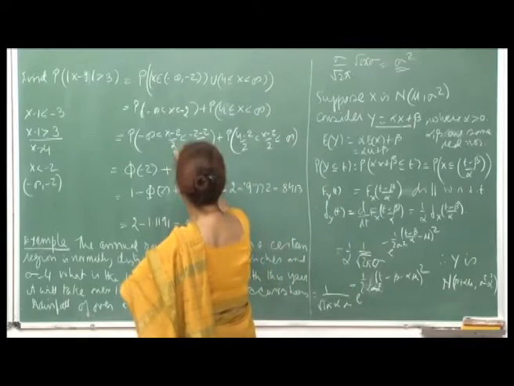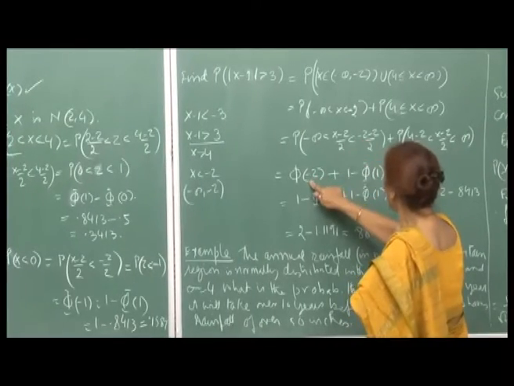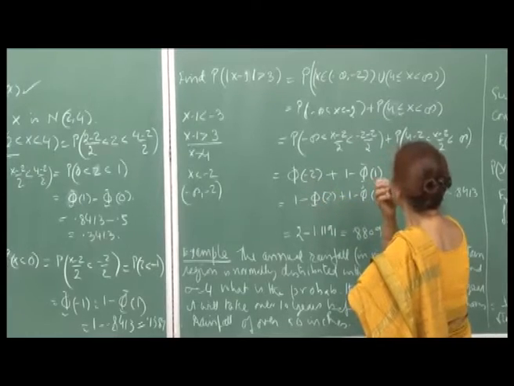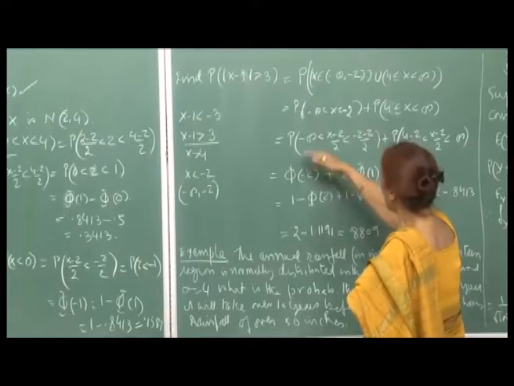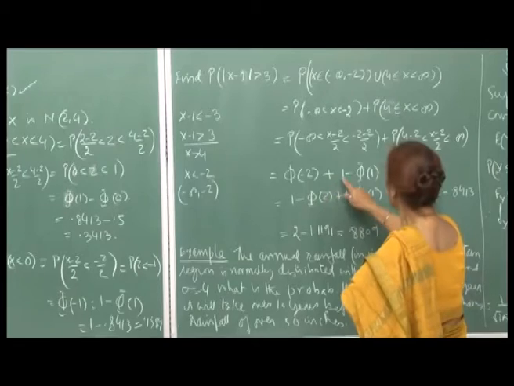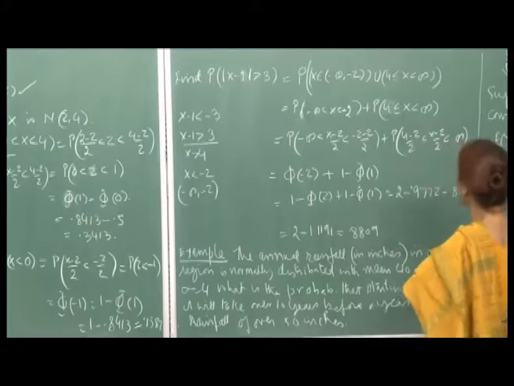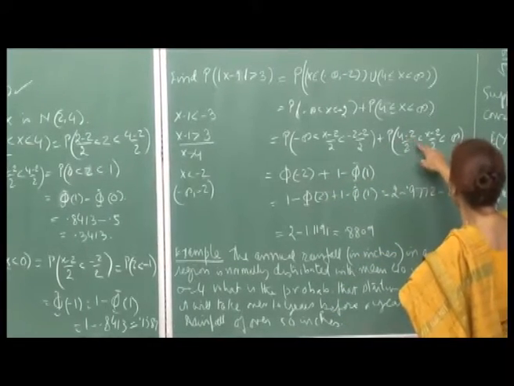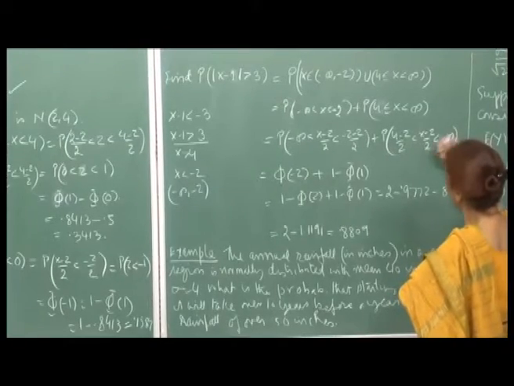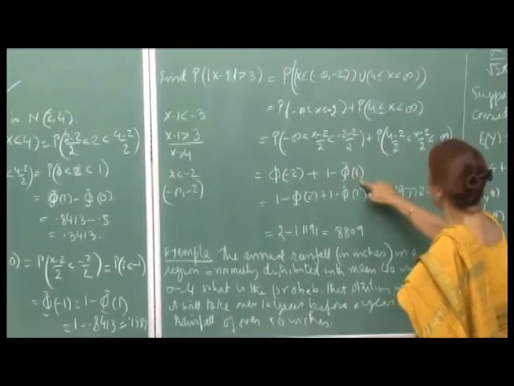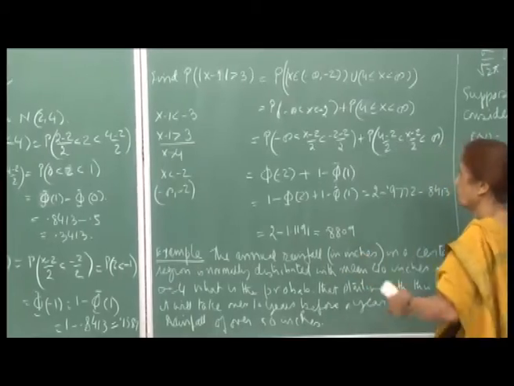Therefore, this becomes phi of minus 2, because phi of minus infinity is 0, plus 1 minus phi of 1, since phi of infinity is 1.